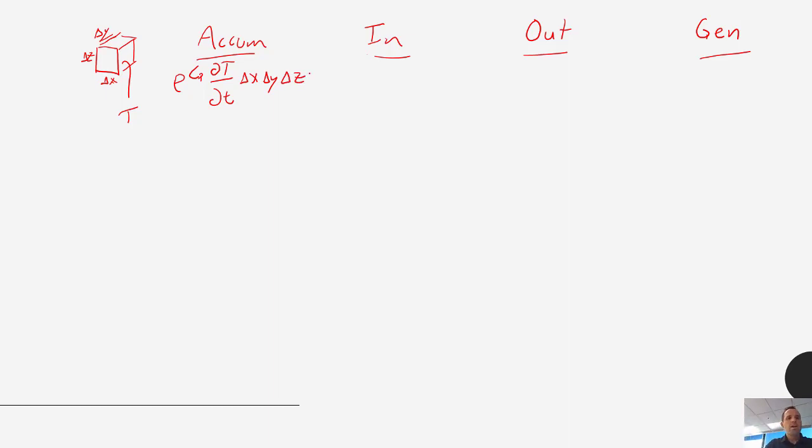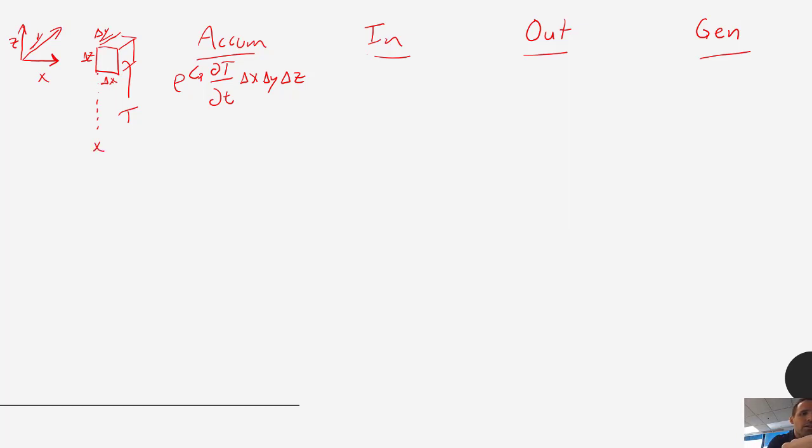Okay, so now how is energy getting into our cube? So we're actually going to break this up and consider it in 3 different dimensions. So we'll have x going from left to right, z going up and down, and then y going in and out of the board. So in our coordinate system, this left-hand side of our cube would be x.